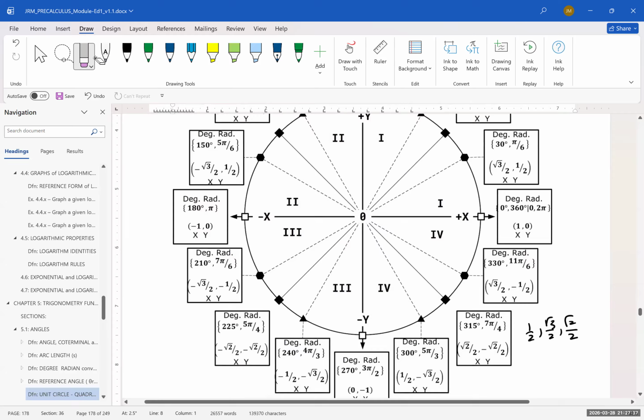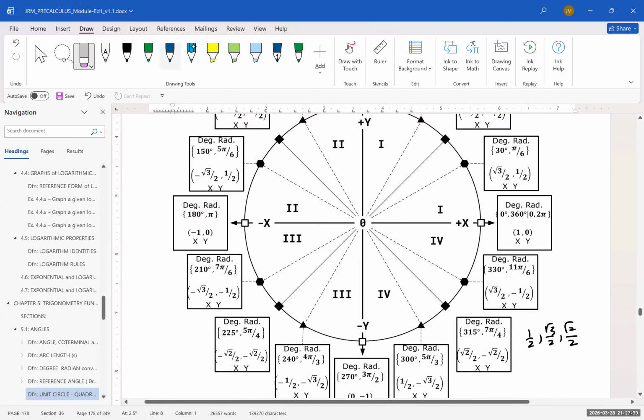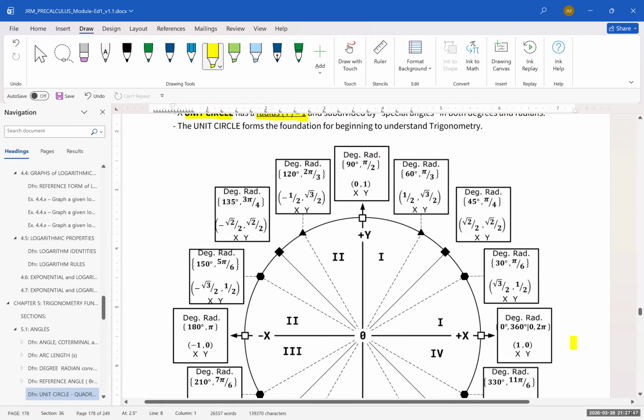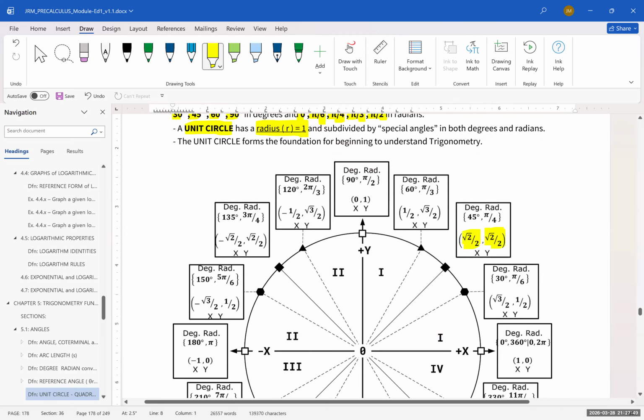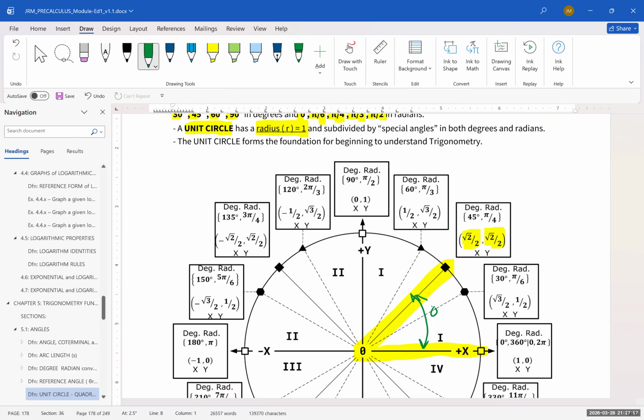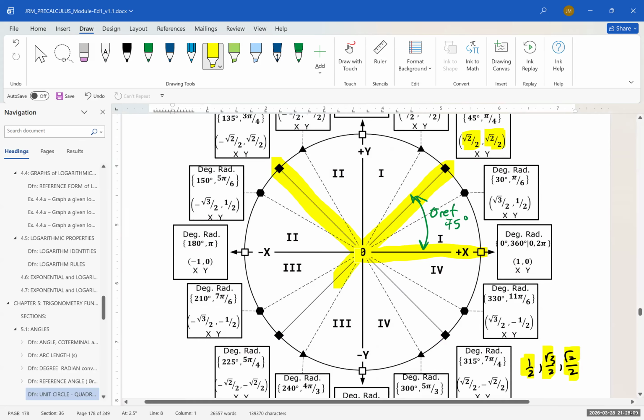And last but not least, I mentioned that the unit circle has these fractions in it. So where is the square root of 2 over 2? Well, square root of 2 over 2 is the x and y coordinate for reference angles of 45 degrees. Okay, so you'll see that one, this one, this one, and this one.